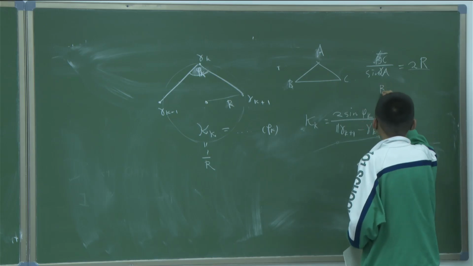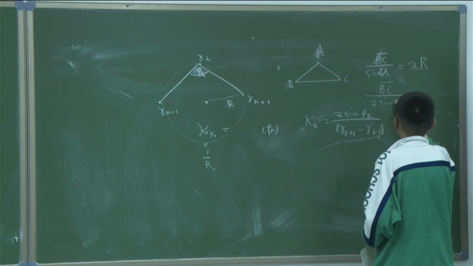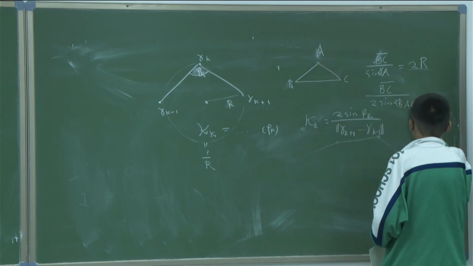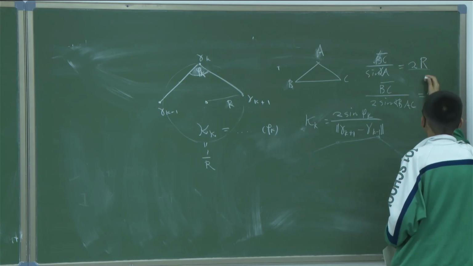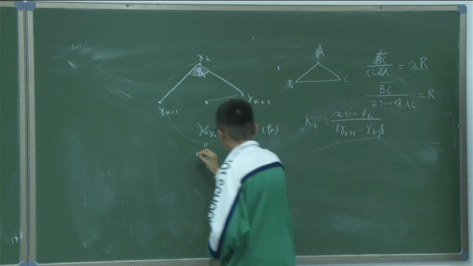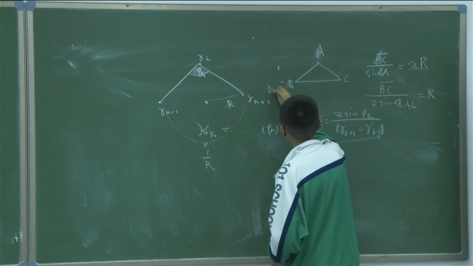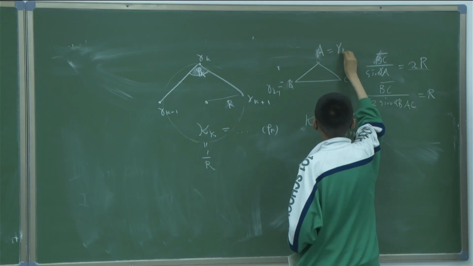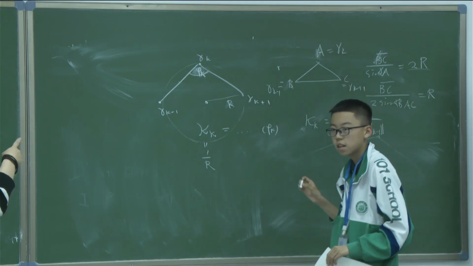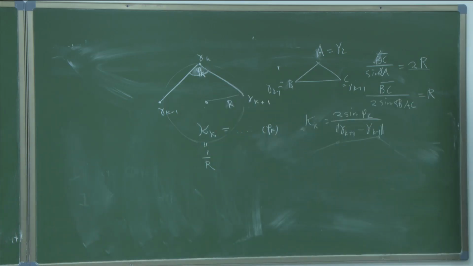So plug in, kappa k is 1 over R, because this equals the distance from gamma k minus 1 to gamma k plus 1. Do you know the formula? All of you know. Perfect. Okay, so that's one possibility.